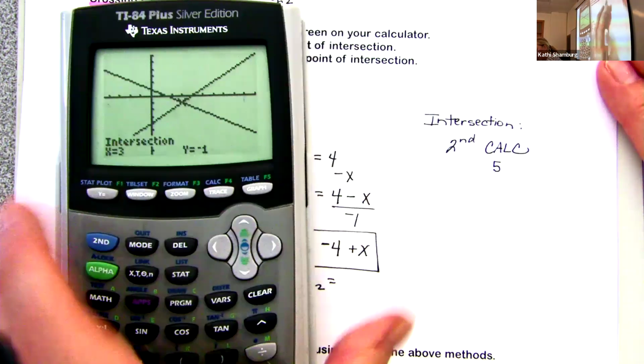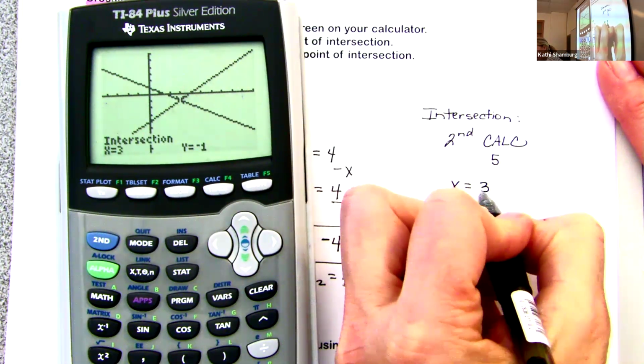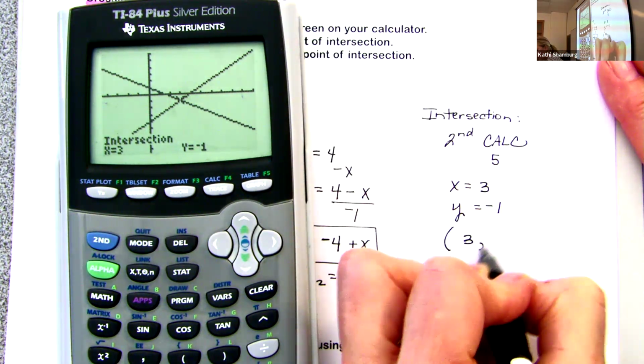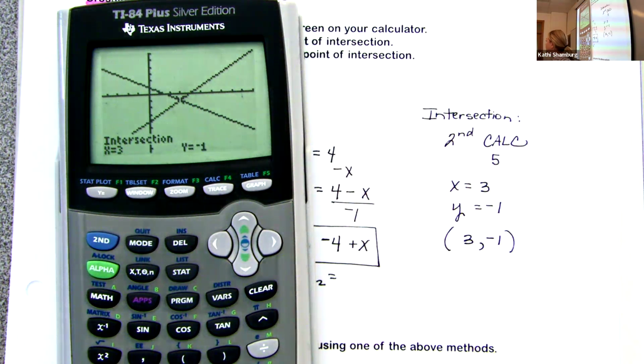Intersection, notice it gives you that X equals 3, Y equals -1. So you get 3, -1. Okay. All right, so if you get an error, what we did in my first class was we just took everything out, turned it off, and then back on. So I'm just letting my Zoom people know in case they have that problem.